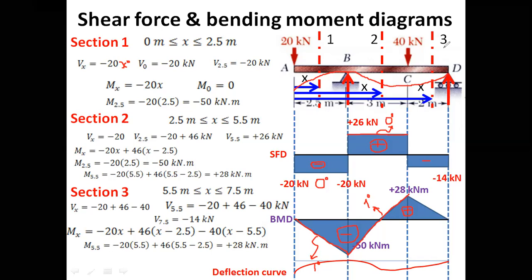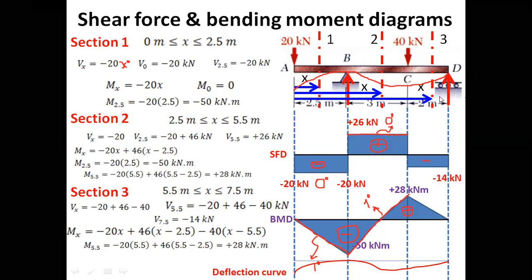So this would be somehow the deflection curve. So this is the deflection curve of this beam. We are expecting that this beam would deflect in this manner because of this external loading and these two supports.